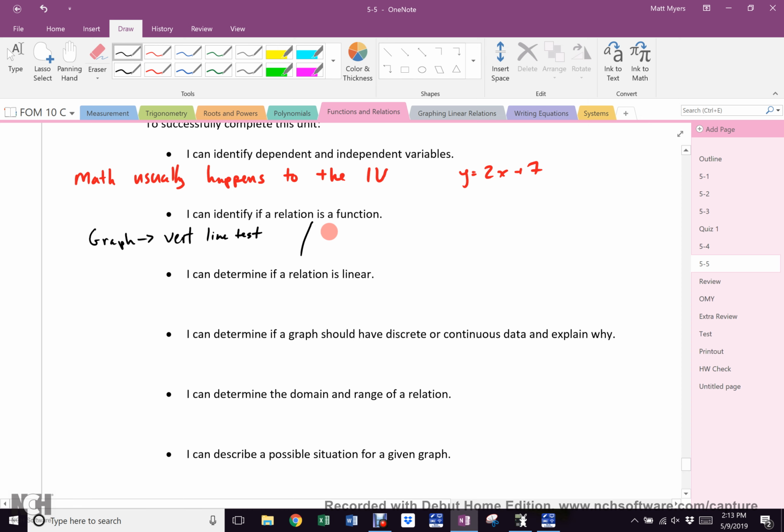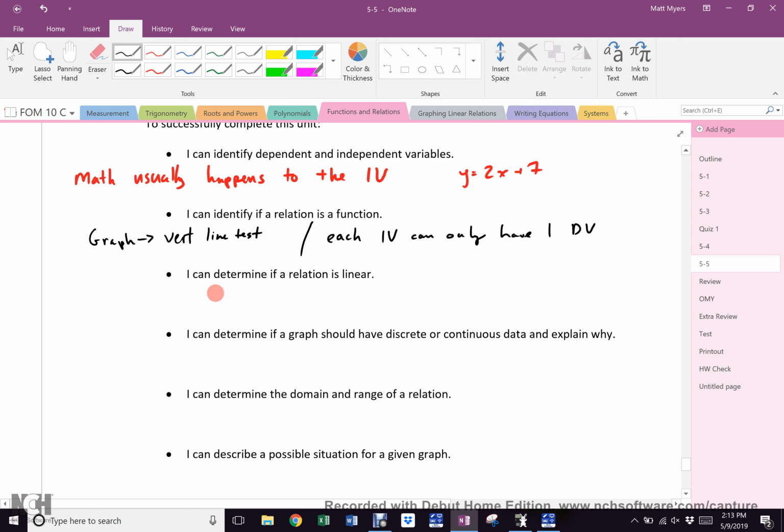How do you do it if it's not on a graph? Right. Each IV can only have one DV. Notice I'm not using x and y, because we're not always using x and y, right?